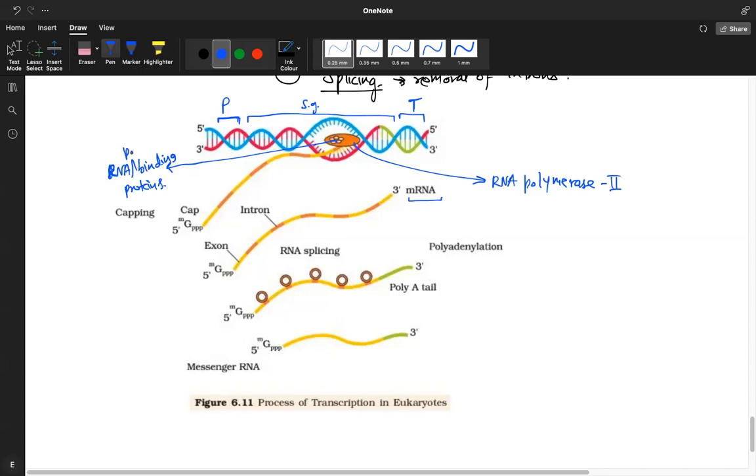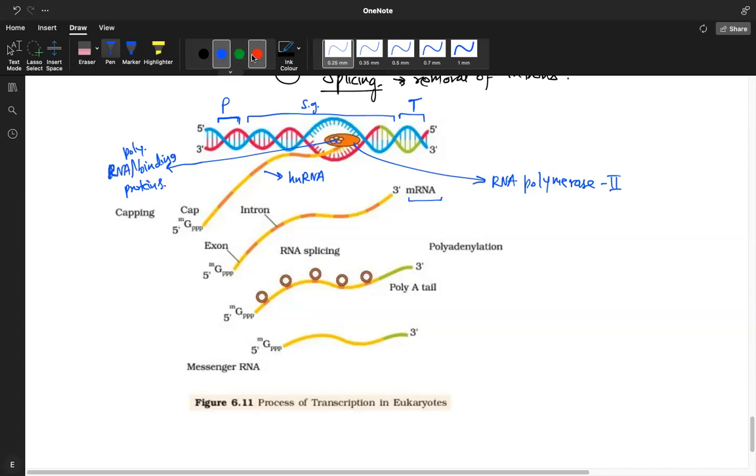Now you can already see that this long RNA, at this point of time, will not be called an mRNA. It will be called hnRNA. So they have named it mRNA here, which is slightly misleading. It's not appropriate to call it an mRNA before the splicing is done.